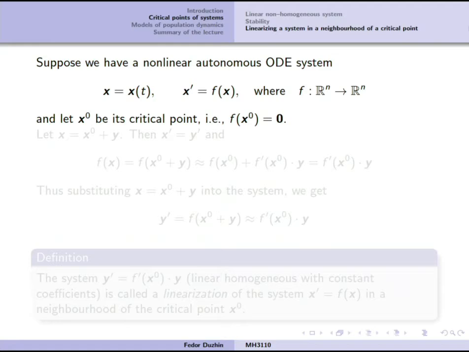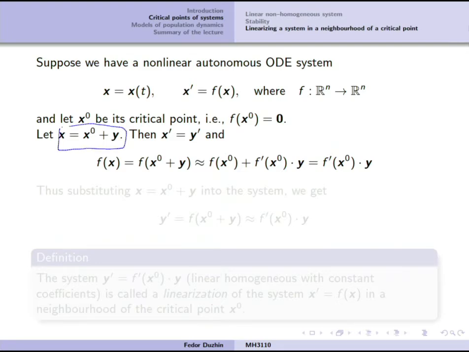Right? So if we look at our nonlinear autonomous system of differential equations, let us make a substitution just like we did in the beginning for linear non-homogeneous systems. So the substitution is x is the critical point plus y. Then the derivative of x is the same as the derivative of y, just as in the beginning. And then when we make this substitution, we get this.